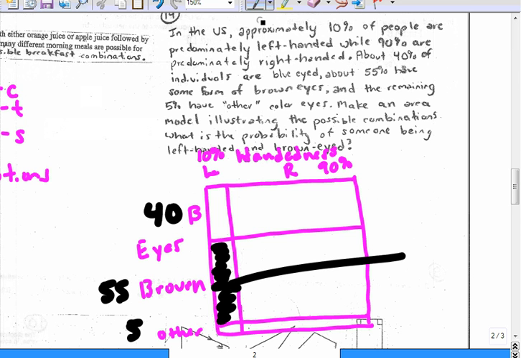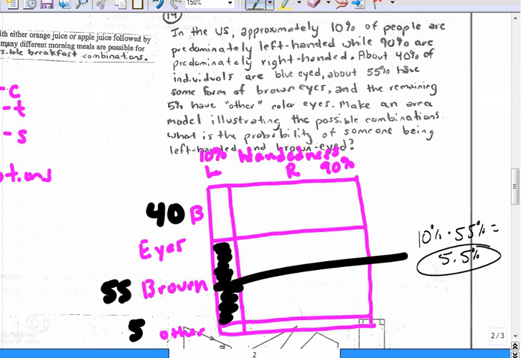So this is going to be 10% times 55%, which is 5.5%. 5.5% of the population is left-handed and brown-eyed, approximately.